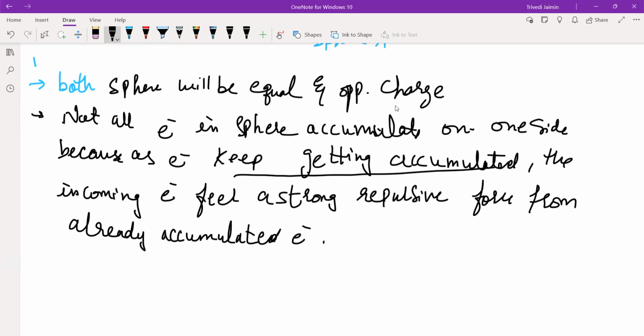Not much electron will be traveling after that. Okay? Or we can say some other way, like after some time, they will set up some force of attraction and there will be an opposing force of repulsion. So they will both act together, so it will be in equilibrium.